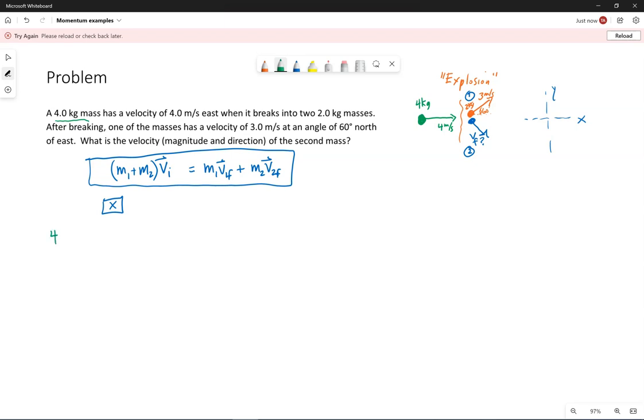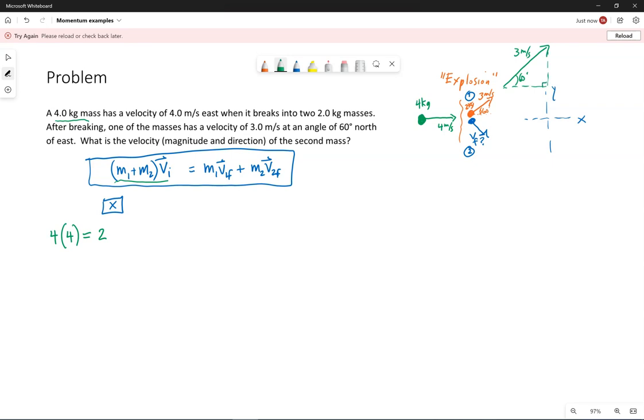The total mass is 4 kilograms, and it is moving in the x direction specifically, initially, right before it falls apart. So that's the left side of the equation. That has to equal mass 1, this top one that has a velocity of 3 meters per second at an angle of 60 degrees north of east.